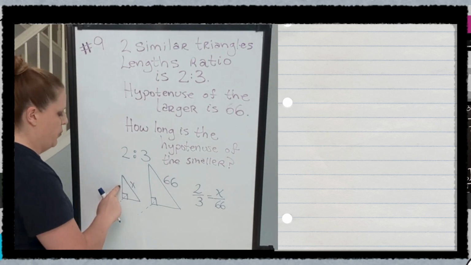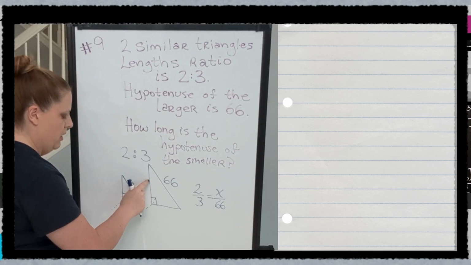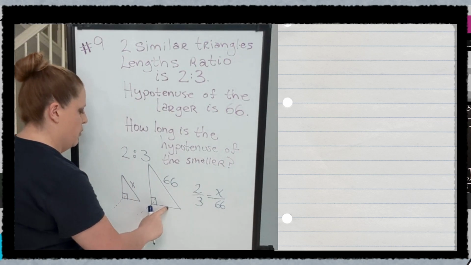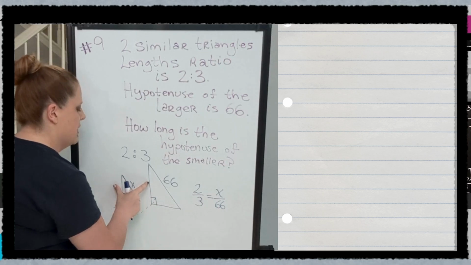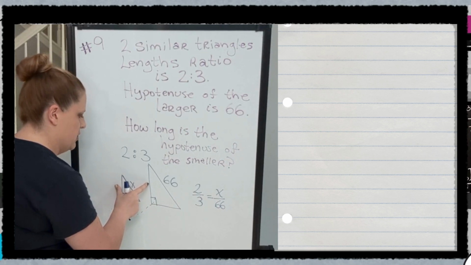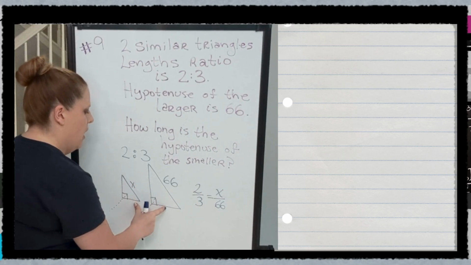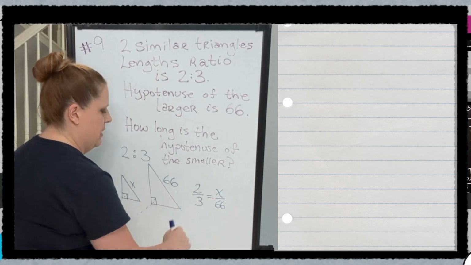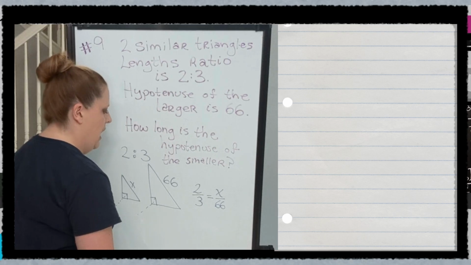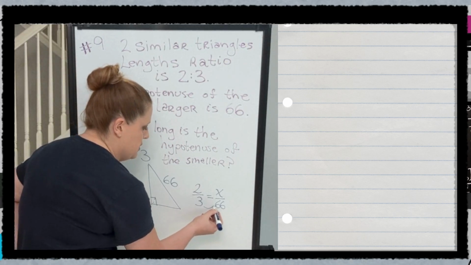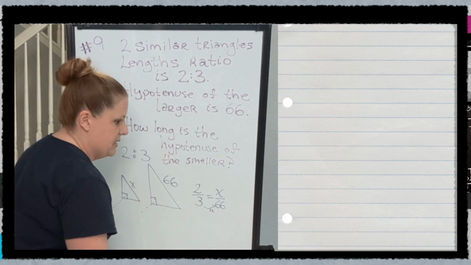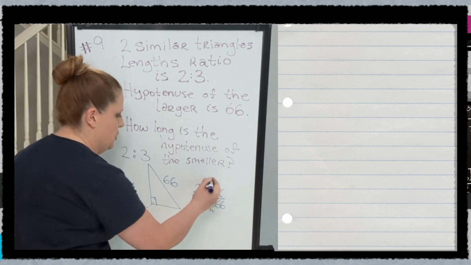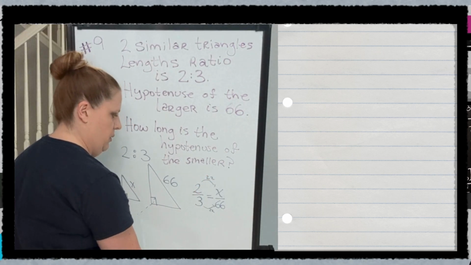That would hold true if we had numbers here and here or here and here, regardless of which sides we're looking at, as long as they correspond to one another, as long as they are on the same part of the similar triangles. So if you can just look at this and tell what to do, that's fine. I noticed 3 times 22 would give me 66. So I'm guessing we would also multiply 2 by 22.